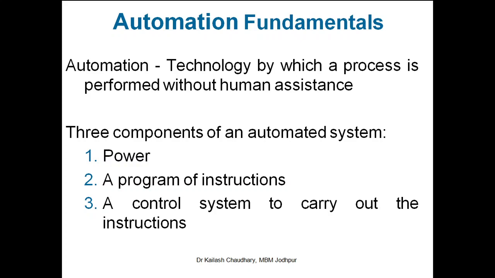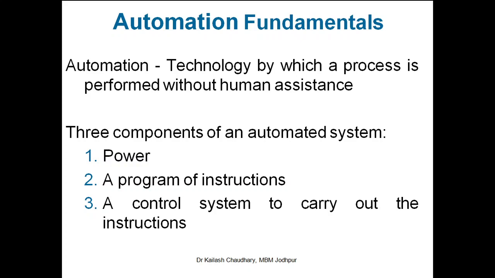There are three main components of any automation system. The first one is power, the second one is the program of instructions, and the third is a control system. You need power to actuate the components of an automatic manufacturing system. Then you require a set of instructions, a program which includes the sequence of various stages of the manufacturing process with the particular time you want to assign to a particular process.